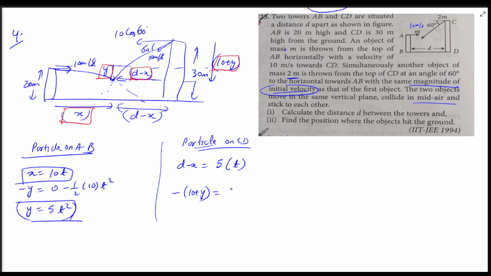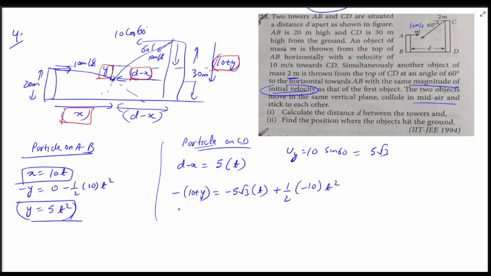Here it will be 10 sin 60, this will be u_y. Sin 60 is root 3 by 2, so it will be 5 root 3. So it will be minus 5 root 3 into t, because it is in the downward direction, and g is also downward, so it will be plus half into minus 10 t square, right?